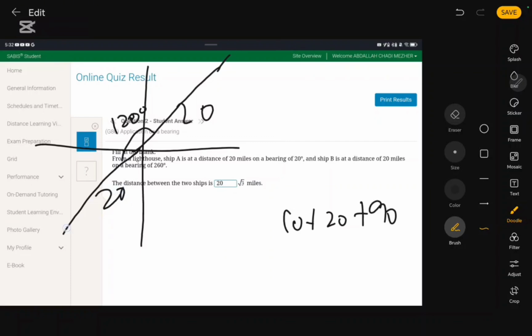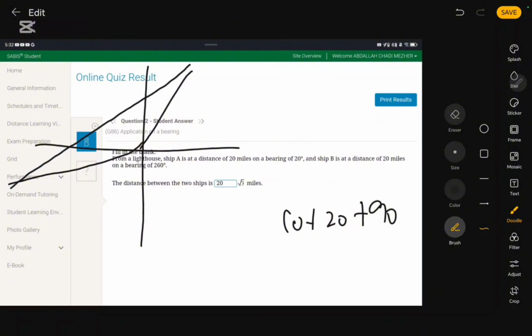It's gonna be hard to draw a triangle, but we know. So like this, and like this, and then like this. Yeah. So 120 over here, 20, 20.